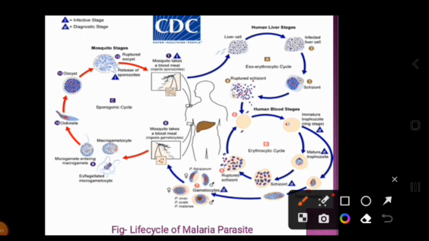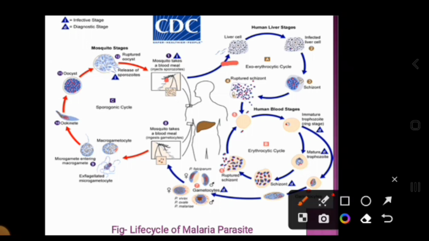First, the mosquito takes a blood meal. When it takes a blood meal, it injects the sporozoite, which is the infective stage of the malaria parasite. Once the sporozoites are injected into the human, they first infect the liver cells.